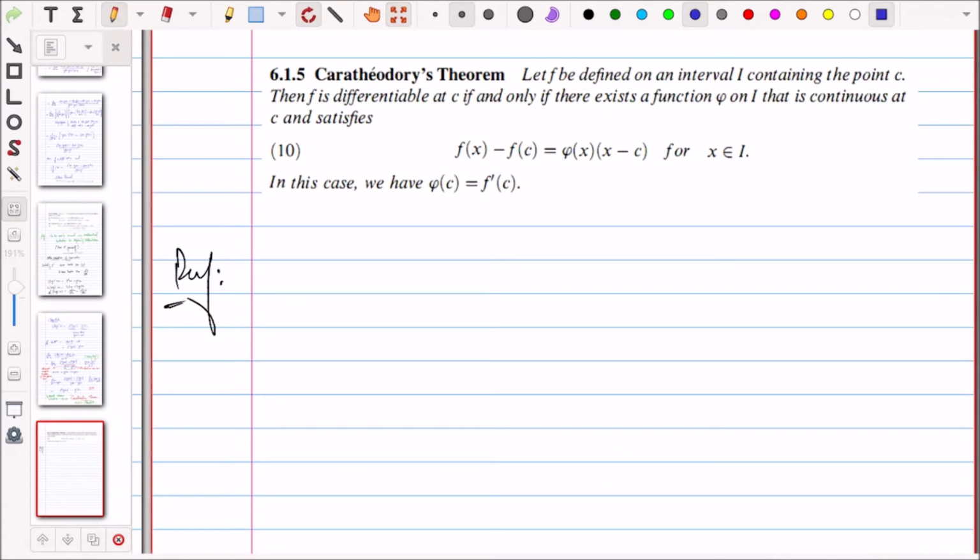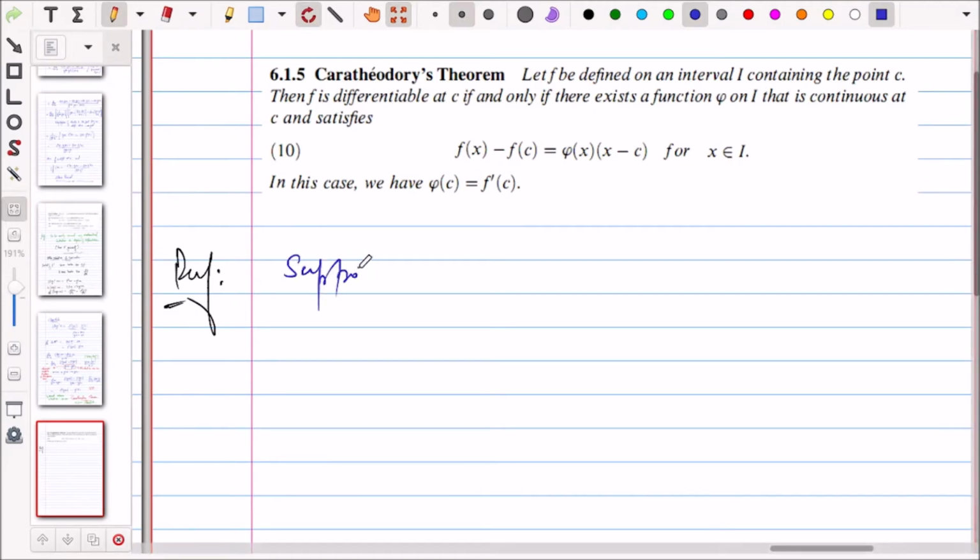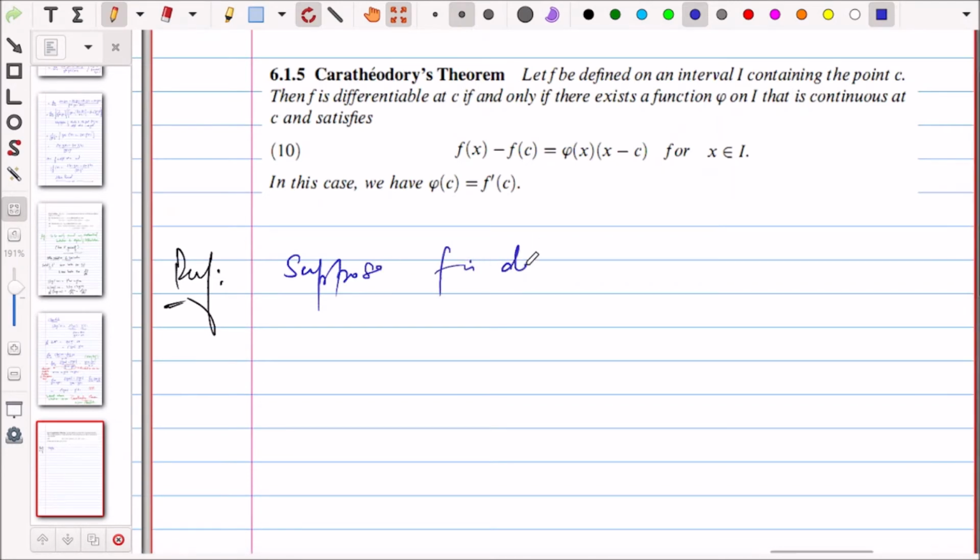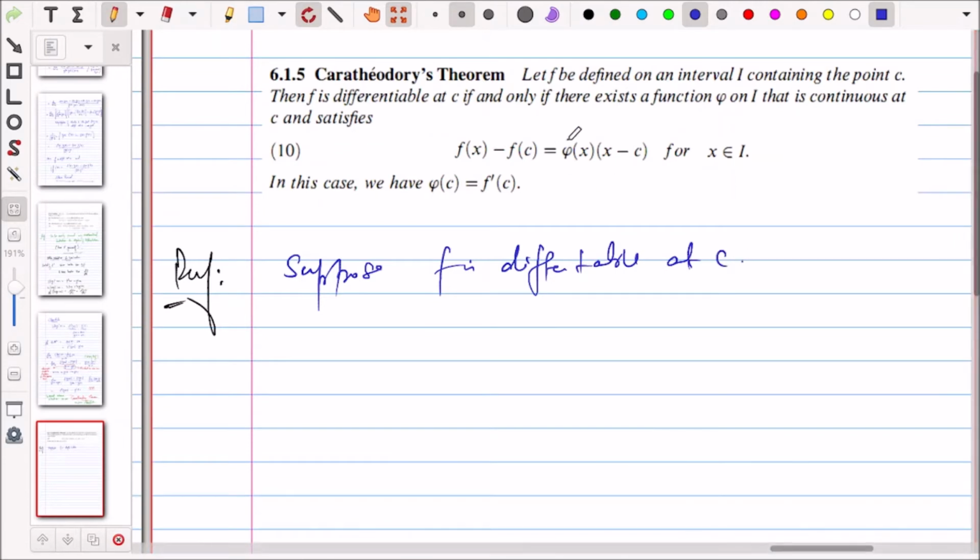So first we assume that suppose f is differentiable at C. Now we have to show existence of a function phi which satisfies this property. So how to define phi?